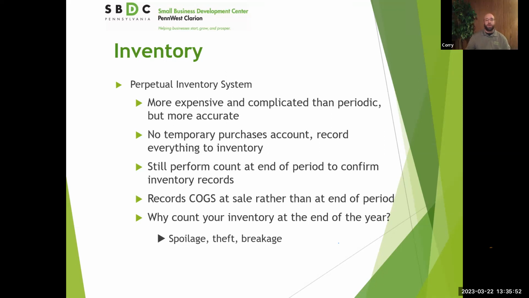Also, if you're in the food industry or something, you have spoilage and then of course breakage, different parts and pieces and items that you sell get broken. So those are reasons why you want to do that physical inventory count at the end of the year to find out what is still good on your property.